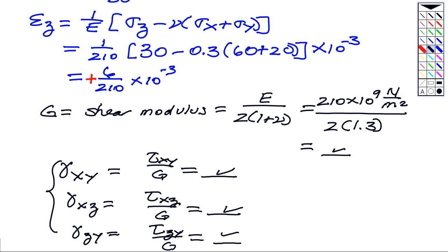The first 3 being the relationships between the normal stresses and the normal strains, and then secondly, the shear stresses to convert to shear strains. Keep in mind that the shear strains are related by the shear modulus G, which in turn is related back to the Young's modulus E and nu by this equation here.